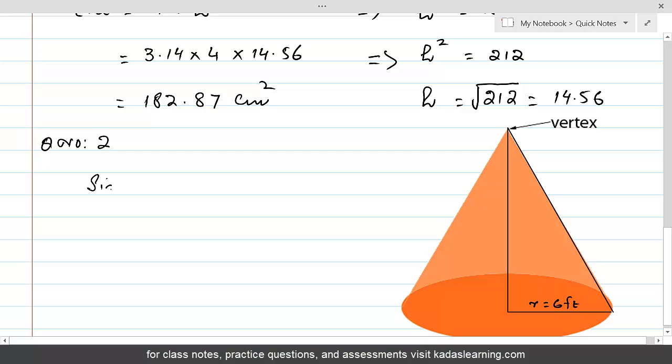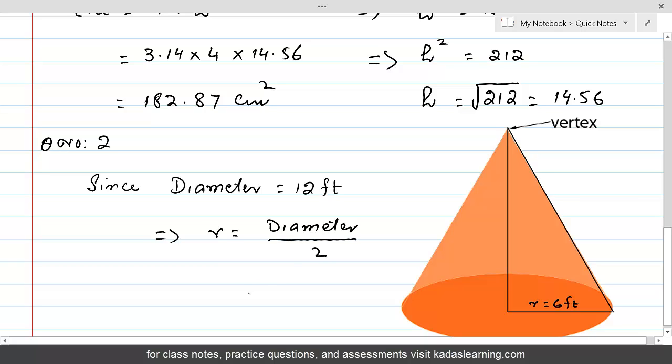Since diameter is equal to 12 feet, this means radius is equal to diameter by 2. Therefore, this value is equal to 6 feet.